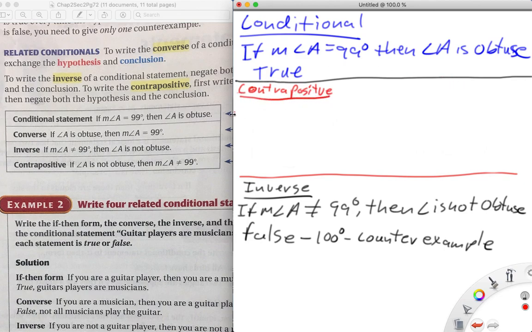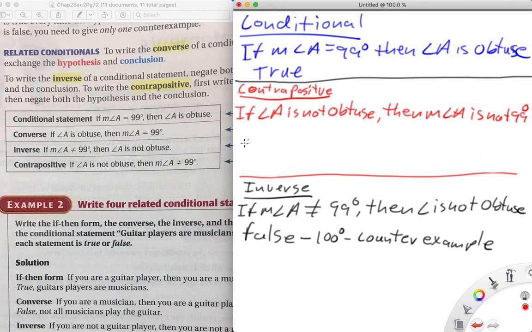So we're going to switch it and we're going to say, if angle A is not obtuse, then the measure of angle A is not 99 degrees.